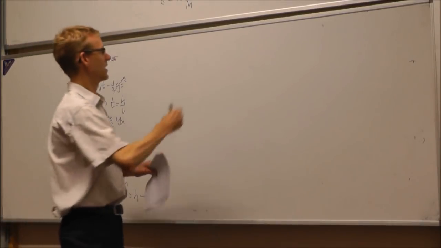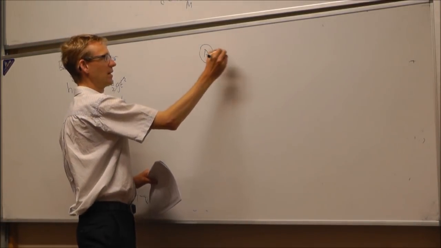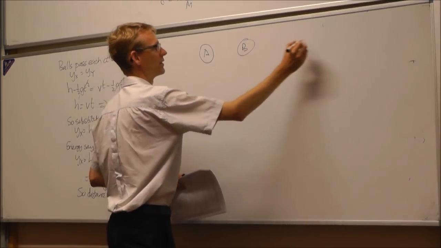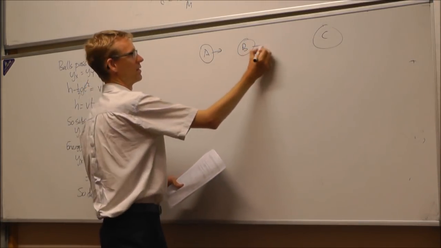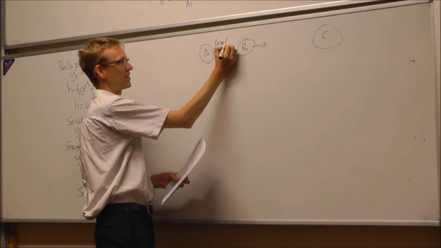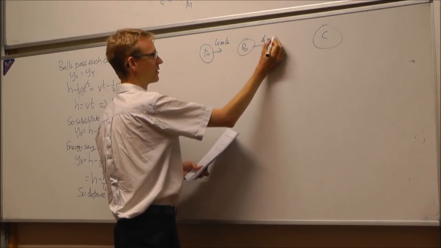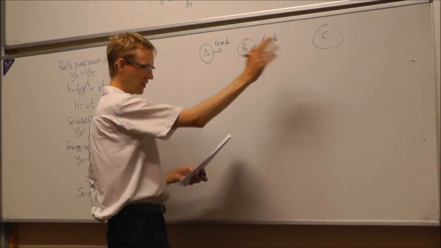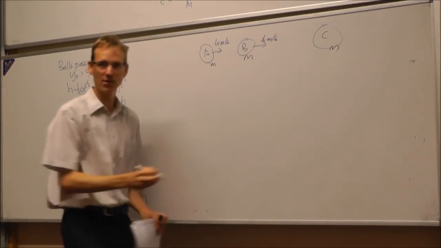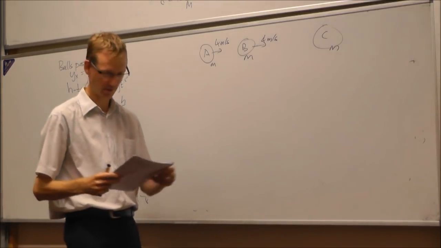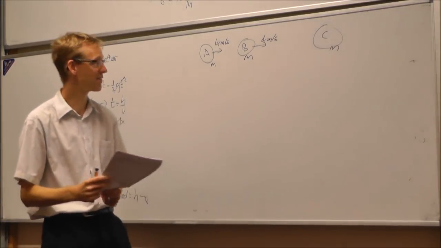So they show the diagram: A, B, and C. Both A and B move at 4 meters per second, and C is stationary. All of these have mass m, which will make it easy because we can cancel that out straight away.